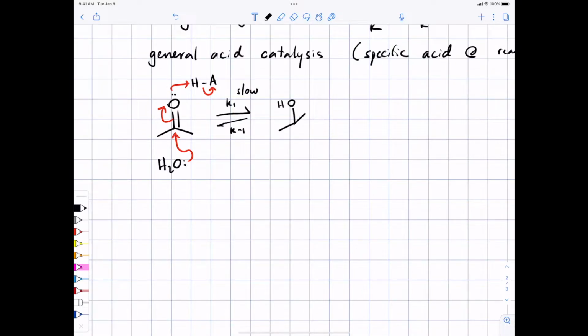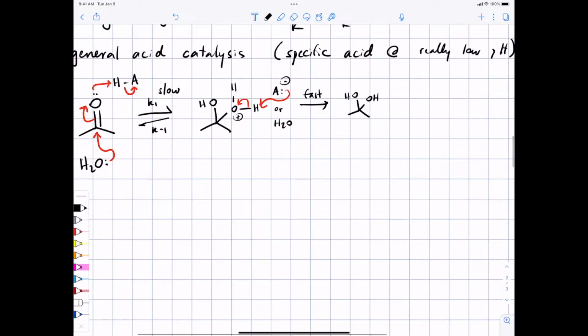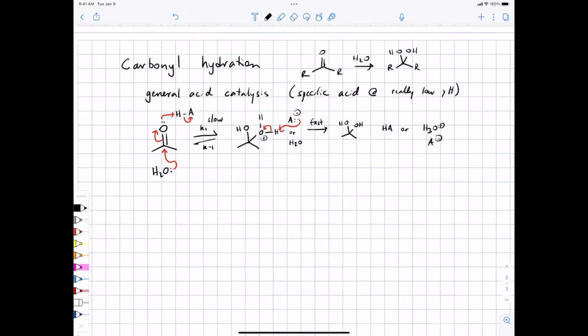You get this intermediate positively charged oxonium ion, which then in a second fast step, and it could be A- or water, removes the proton from the positively charged oxygen, and you end up with your hydrate and your regenerated acid, or H3O plus and A minus. Okay?